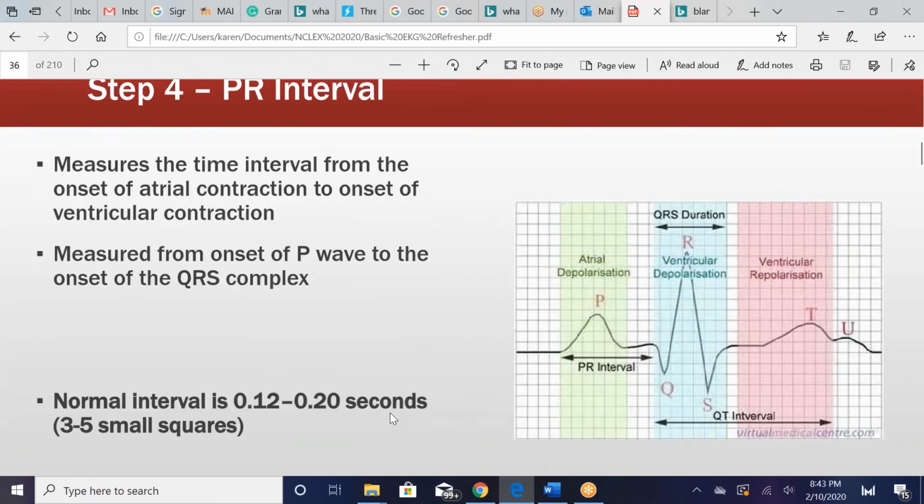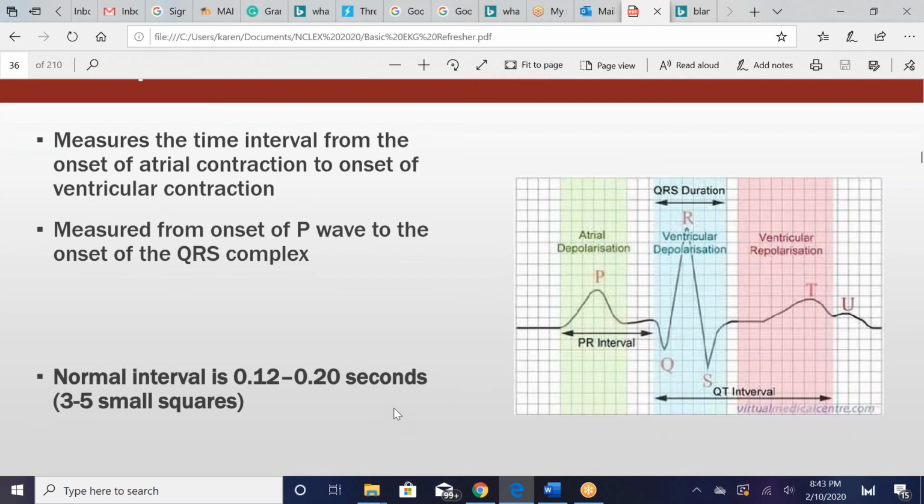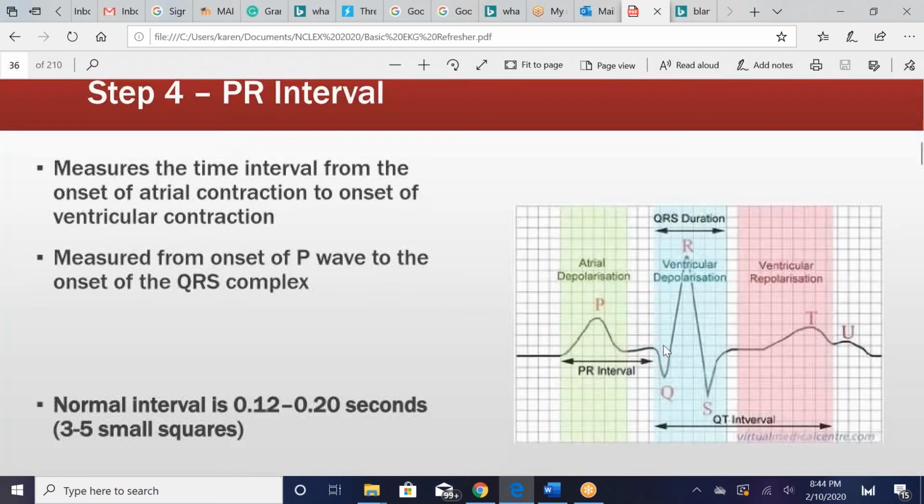the atrium. So the PR interval. Let's look here. This is the P wave, which is a contraction, but the PR interval begins from the contraction of the atrium and runs until the QRS complex begins in the ventricle. So that's the PR interval.